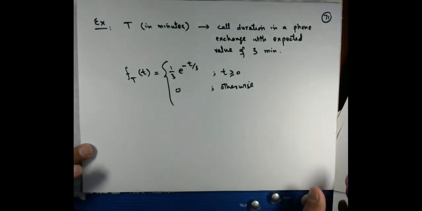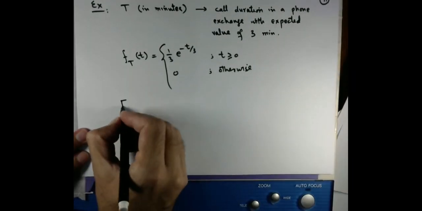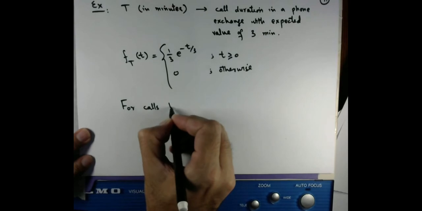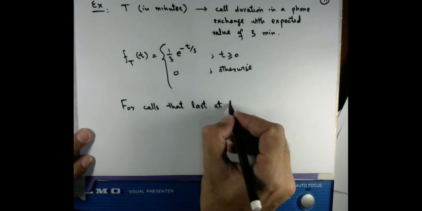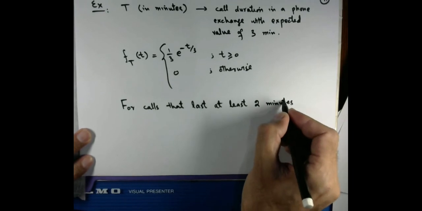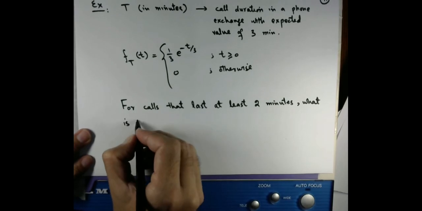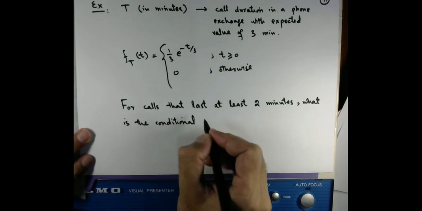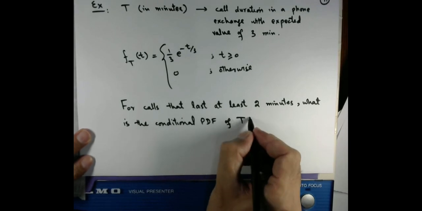Now what about the conditioning applied over here? I now put the conditioning here. I say for calls that last at least 2 minutes, what is the conditional PDF of T?